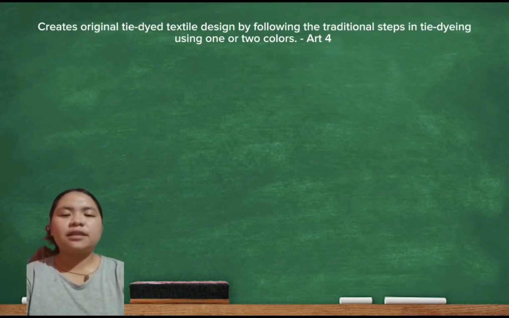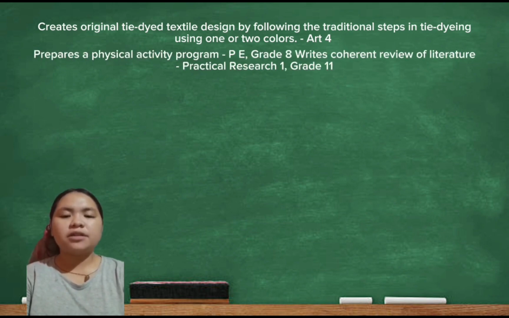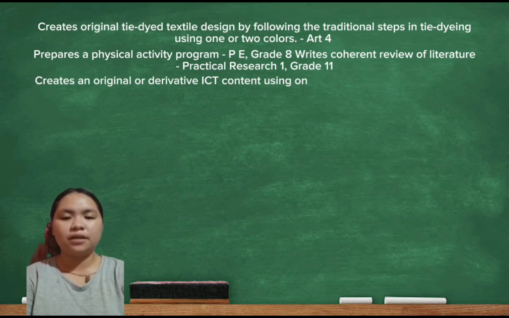Creates original tie-dye textile designs by following the traditional steps in tie-dyeing using one or two colors. Art 4. Prepares a physical activity program. PE, grade 8. Writes coherent review of literature. Practical Research 1, grade 11.